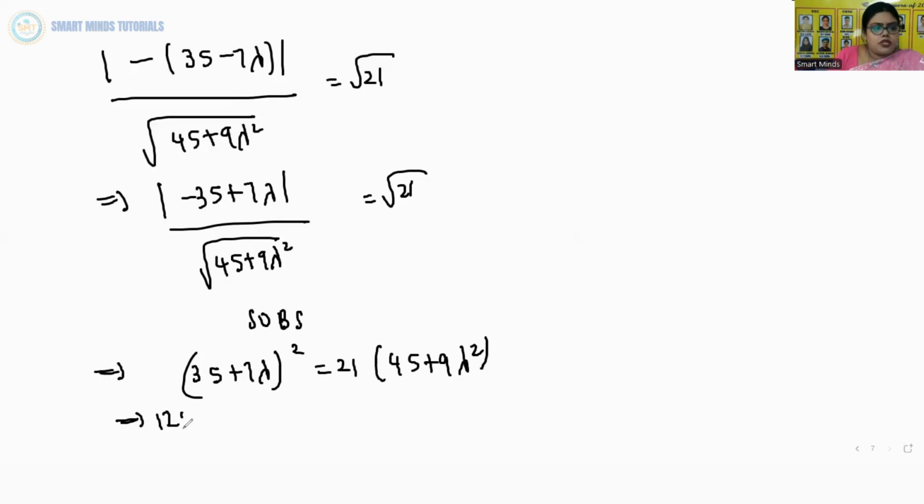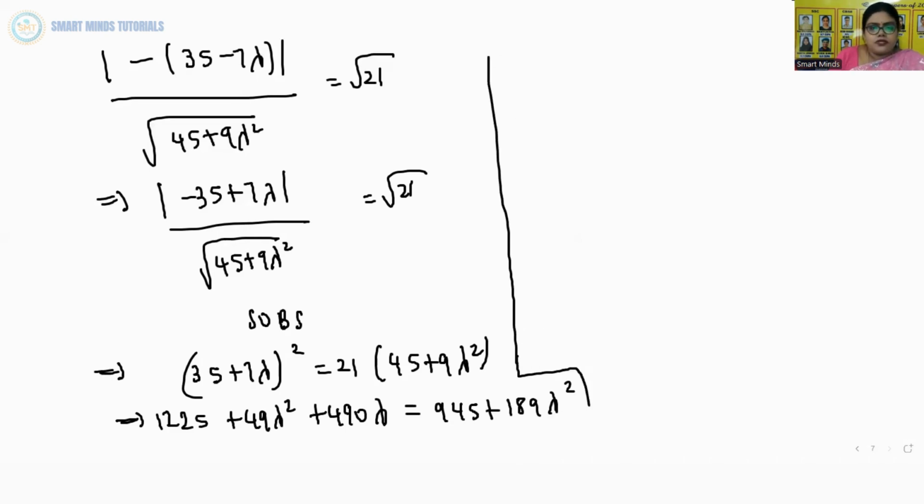So you get 1225 plus 49 lambda square plus 490 lambda equals 945 plus 189 lambda square. If you further simplify, you will get 140 lambda square minus 490 lambda minus 280 equals 0.